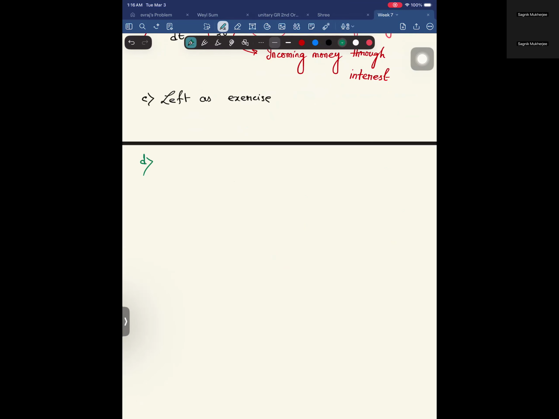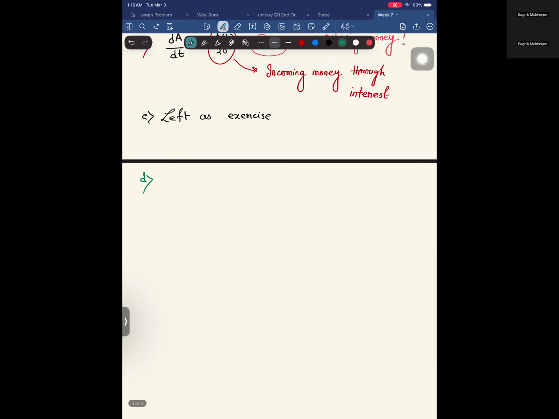Okay, second, the third, fourth part is that you initially deposit $100,000 in the account, right? So how long does it take for you to deplete the account? So see, that differential equation is as before.